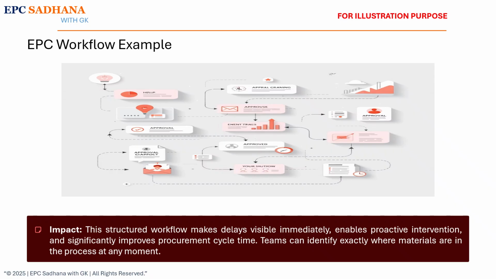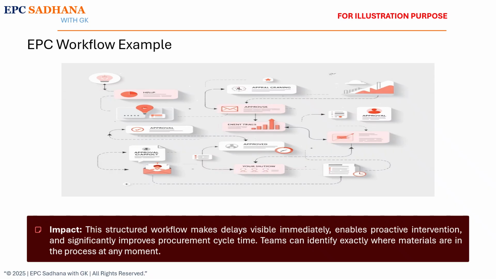So the originator creates and submits the purchase requisition. Then the approver reviews the requisition and either approves or rejects it. If approved, procurement creates the PO based on the approved indent and sends it to the vendor. Vendor receives the PO, prepares goods and ships them. Store receives the physical goods.